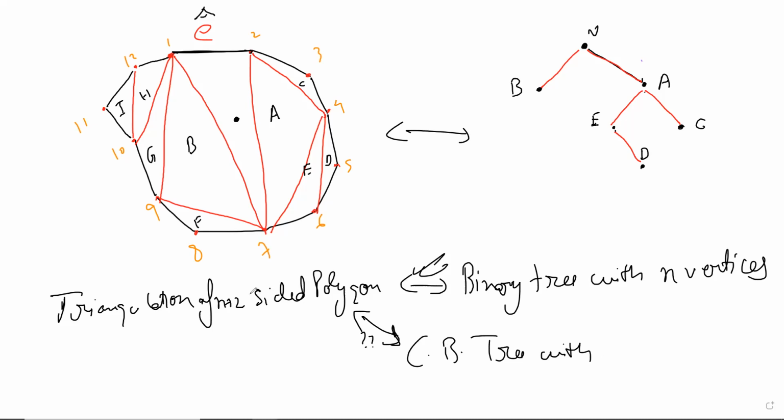So n plus 2 sides means n triangles, and we had seen that 2 triangles was 3 leaves, so this would be n plus 1 leaves. You can check for small cases, but we have not yet shown a connection between these two things.